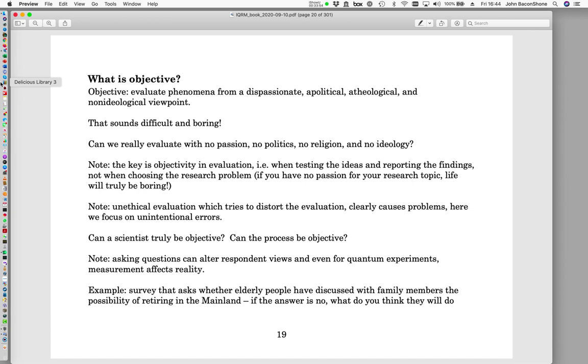If you look up objective in the dictionary, it says objective means to evaluate phenomena from a dispassionate, apolitical, atheological, and non-ideological viewpoint. So that sounds really quite difficult. Can we really evaluate something with no passion, no politics, no religion, and no ideology? Right? That's a real struggle.